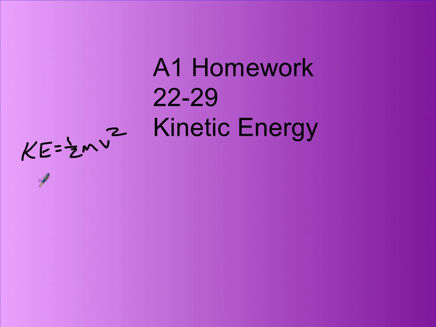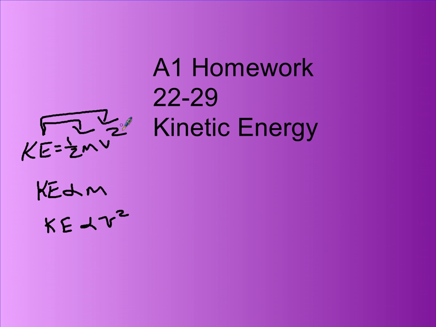So, kinetic energy is directly proportional to the mass because it's right across the equal sign from the mass, and the kinetic energy is directly proportional to the velocity squared because it's also right across the equal sign from the v squared.